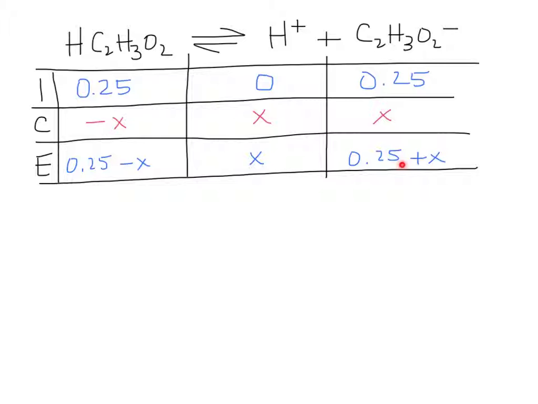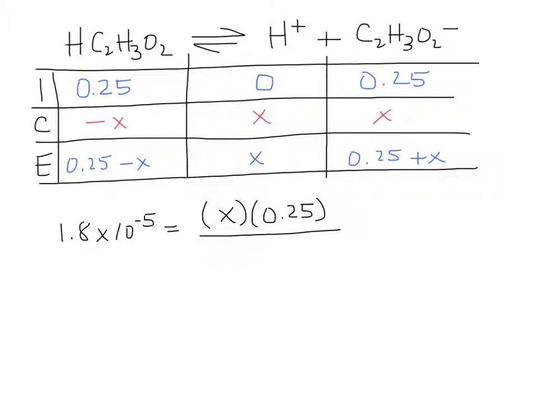Based upon those assumptions, we can set up our equilibrium expression to look like this. Our Ka value, which is 1.8 times 10 to the negative 5, equals hydrogen ion concentration, which is X, times acetate ion concentration, which we're simplifying to 0.25 instead of 0.25 plus X, over our acetic acid concentration, which we're simplifying to 0.25.